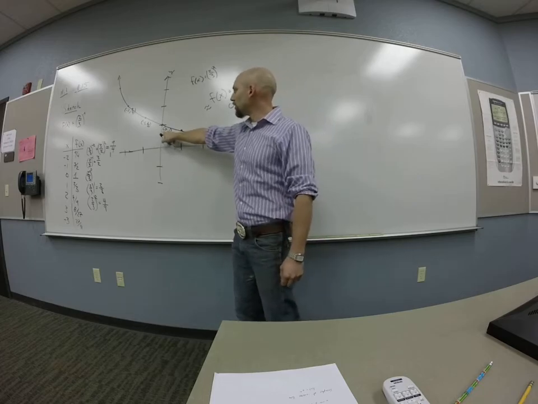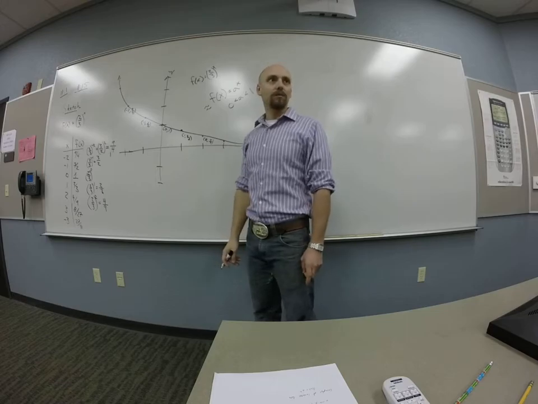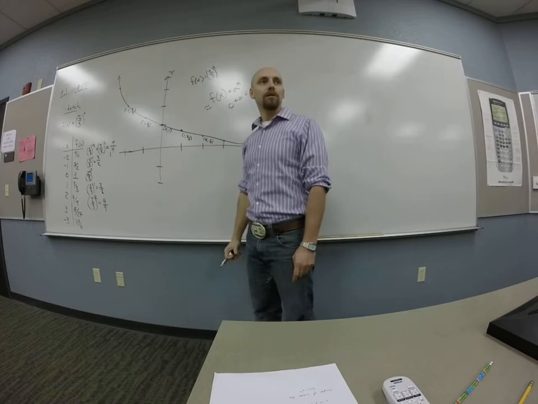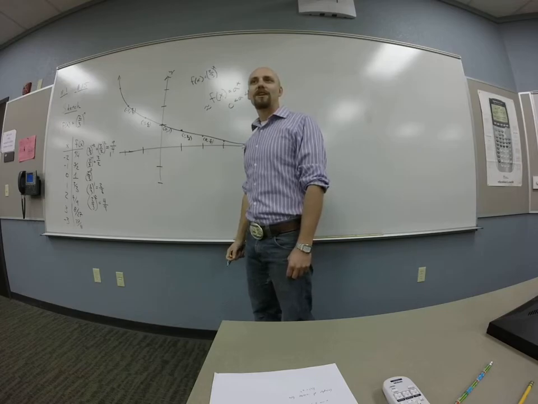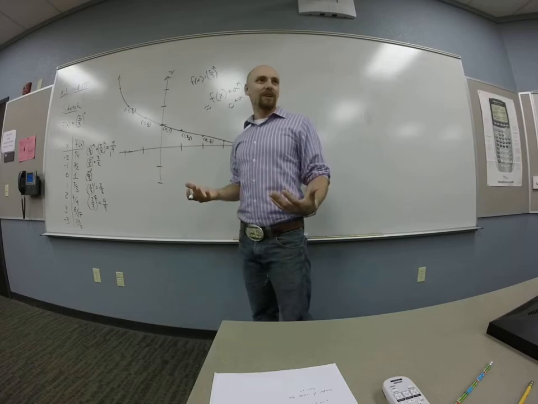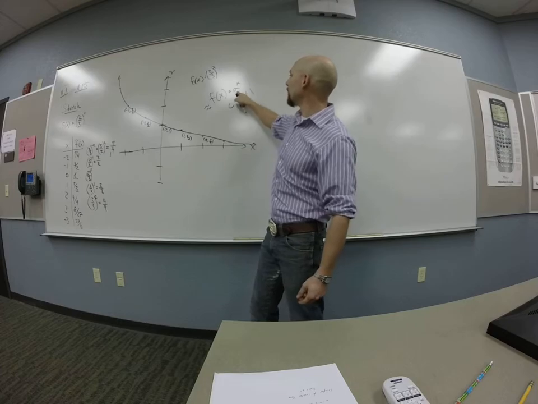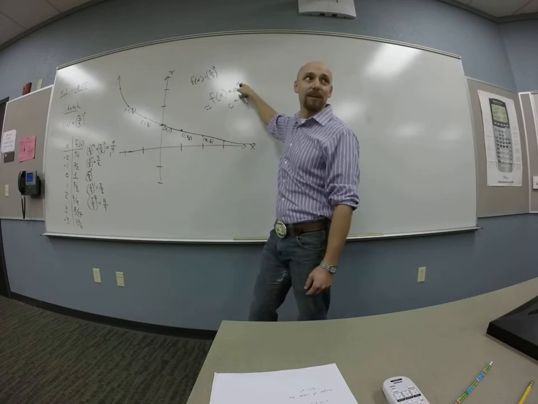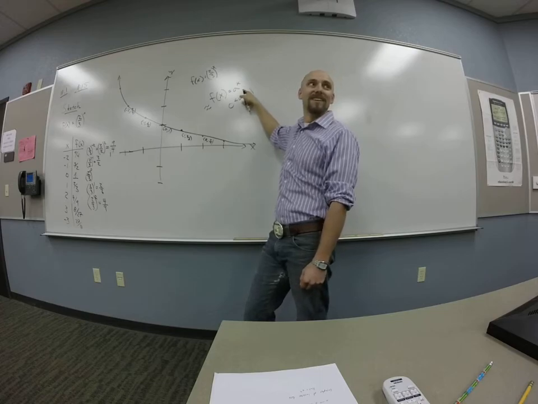Why is this point 0, 1 always on there? I claimed that just now, and Sandy noticed it in the problems too. Because whatever to the 0 is 1, right? So when I've got one of these functions that looks like something to the x, when I plug 0 in for x, it doesn't really matter what the something is.